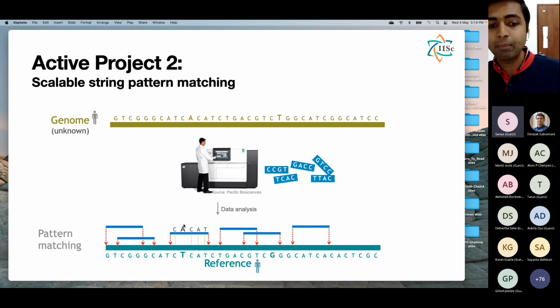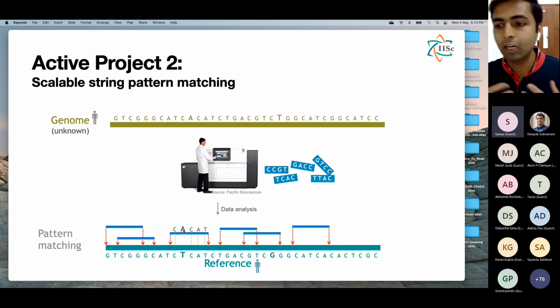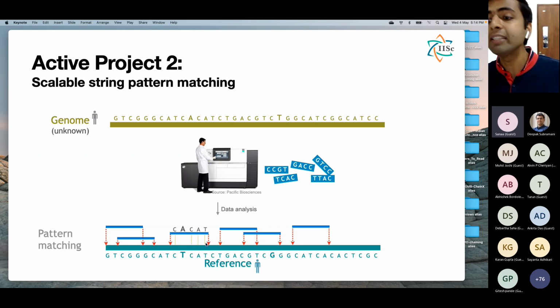So this tells me that there's a mutation at this position of the genome where a character T has been mutated into character A. So one can use a reference template and employ pattern matching algorithms to match these fragments and understand the differences in the sequenced genome. So you can know what the mutations are in the sequenced genome, and that may explain what diseases or genetic disorders are present in the genome, right?